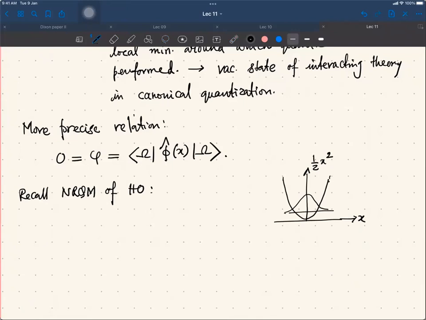So this is psi 0 of x. This is the Schrodinger wave function of the vacuum state.